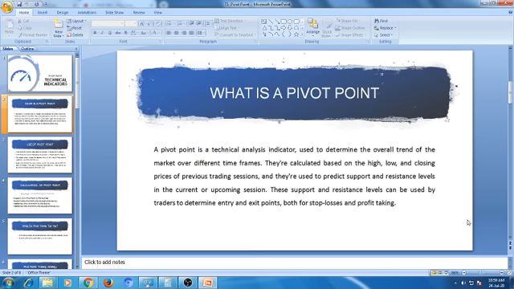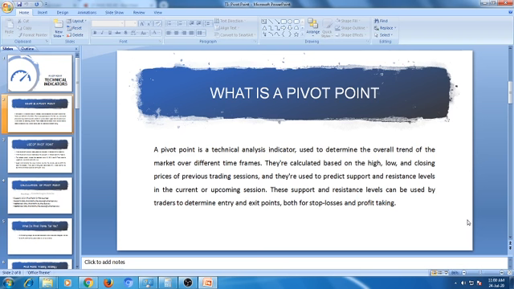So what is a pivot point? Pivot point is a technical analysis indicator used to determine the overall trend of the market over different time frames. It can be used for a shorter time frame, say 15 minutes or less, for intraday trading, and for a higher time frame, say hourly or a daily chart, for positional or swing trading.